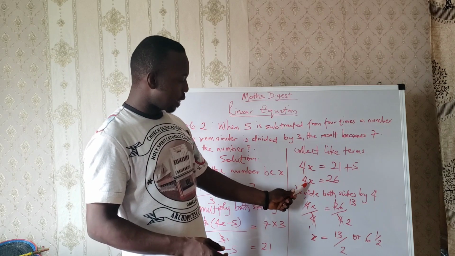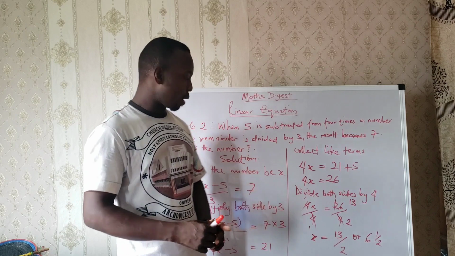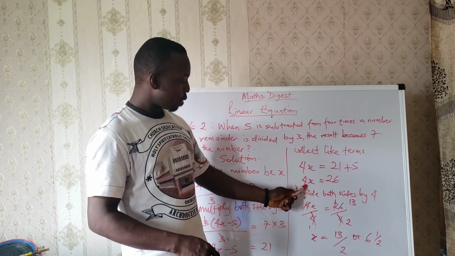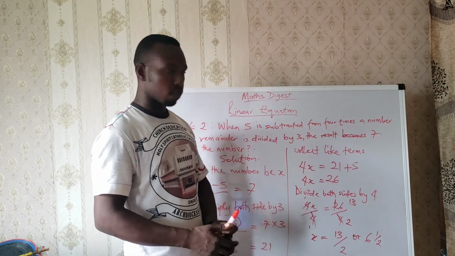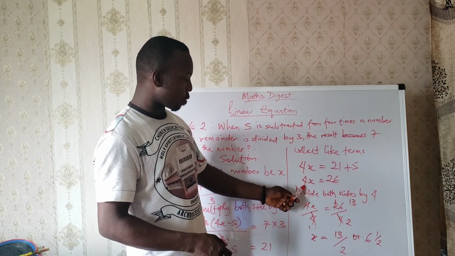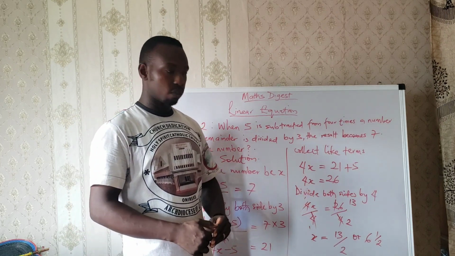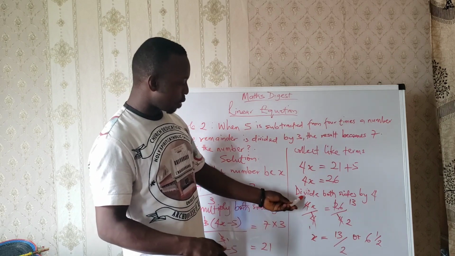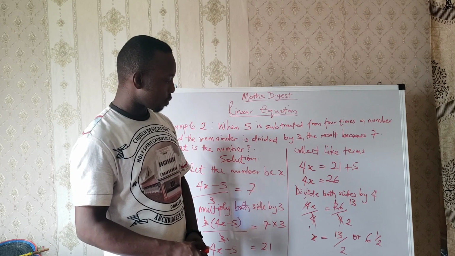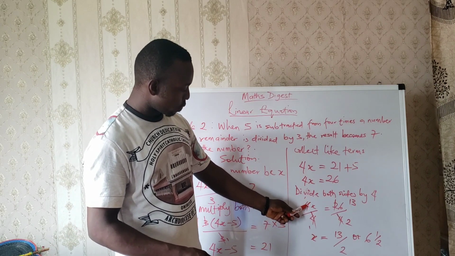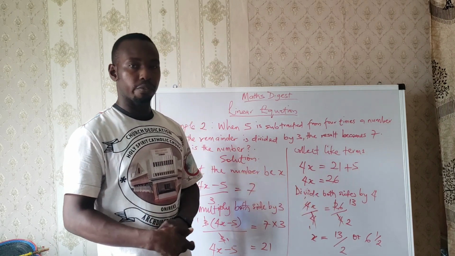I want to make sure that this variable, which is x, is left alone. So I look at the coefficient of x, which is 4. I want to eliminate this 4 so that the variable x can be alone. So that was what gave me the choice of using 4 to divide both sides. So that was why I employed 4x over 4 equal to 26 over 4.